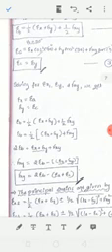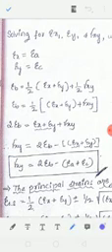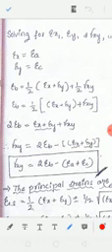Now epsilon B equal to what? 1 by 2 epsilon x plus epsilon y plus 1 by 2 gamma xy. So what you have to do here, 2 you can take this side. It becomes 2 epsilon B minus epsilon x minus epsilon y equal to gamma xy.